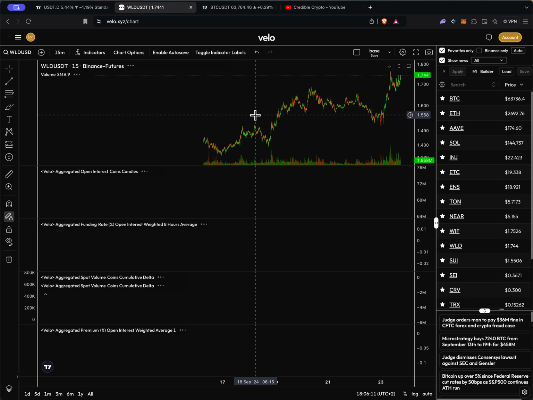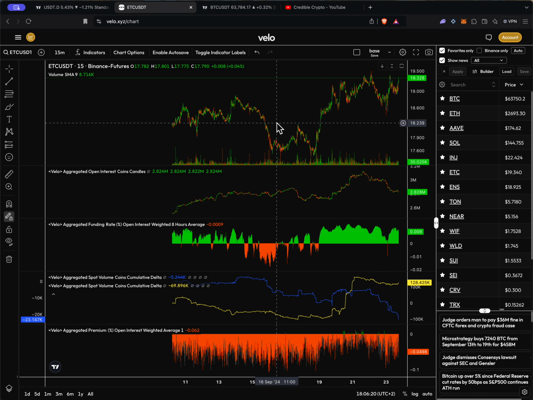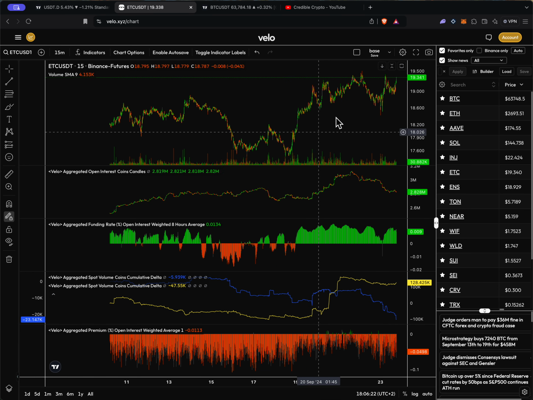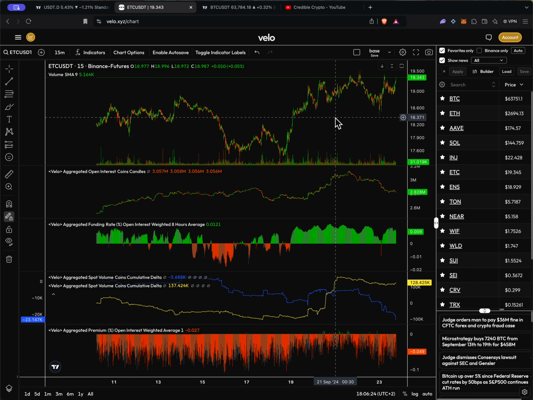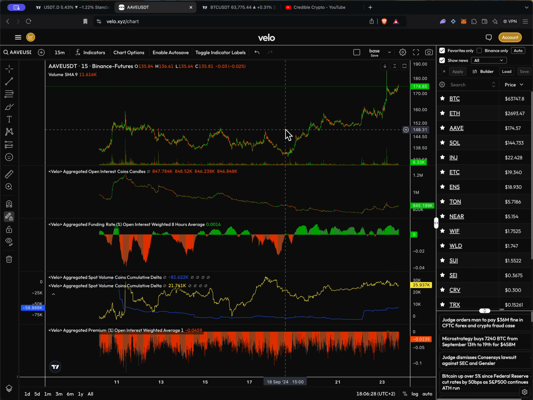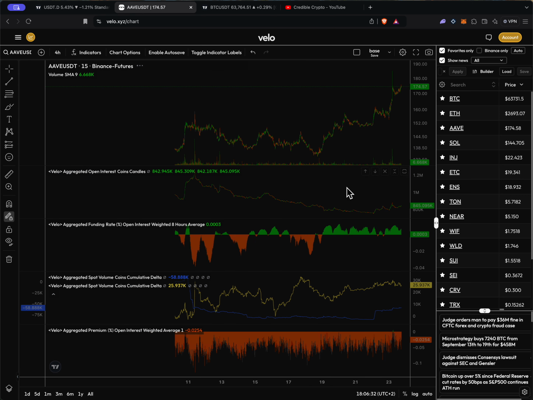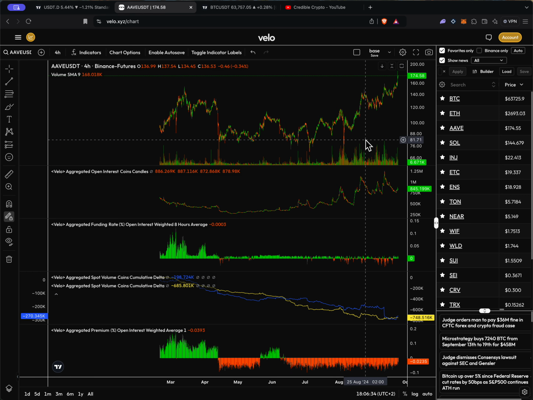VLD that I was telling to buy around 150, 140, don't remember, but yes, it's going great. Ethereum Classic, it's a shit coin, but as soon as you can make profit, it's always a nice coin. Aave is going also nuts. Wow, this chart looks really nice.